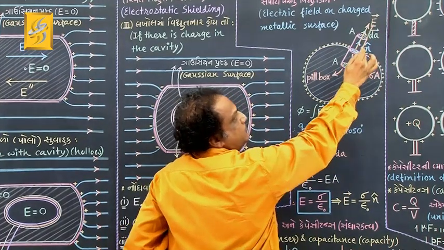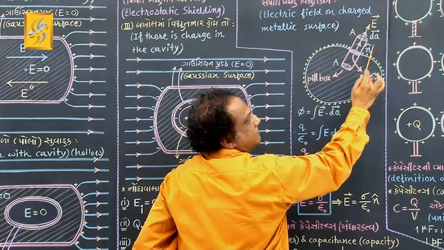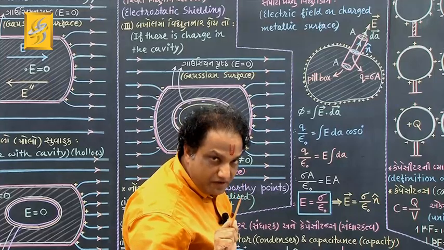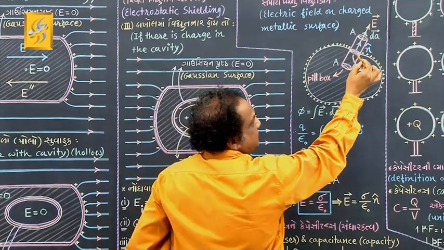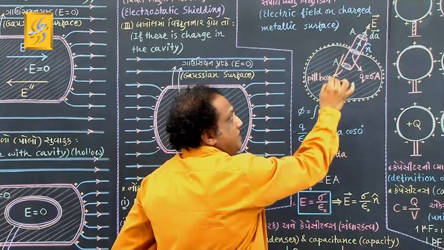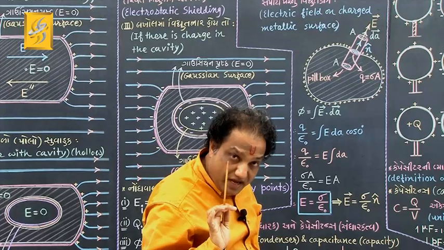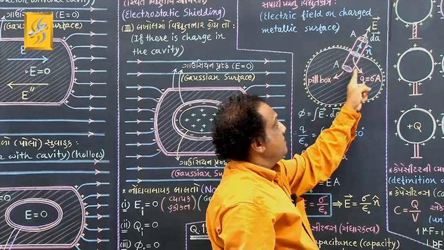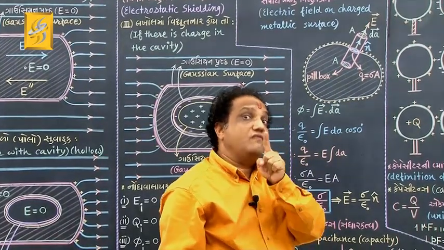And in the direction of this vector E, I just take a unit vector, say n hat. Now I am interested in finding out the magnitude of that electric field. Look, because there is a presence of charge, there would be electric field. If there is electric field, there would be electric field lines, and if there are electric field lines associated with this cylindrical pillbox, then it will have some linkage of electric flux.